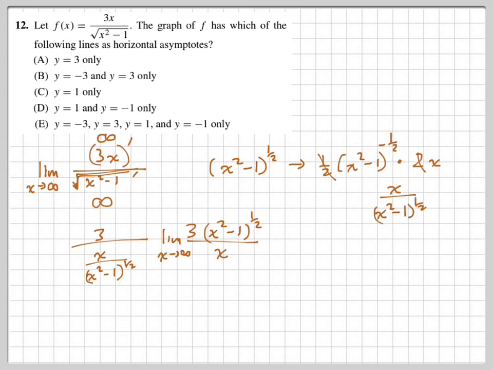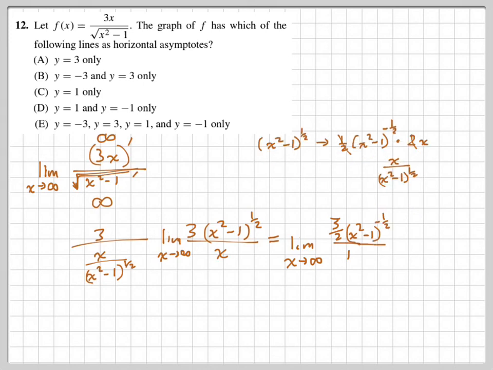So let's take the derivative of the top and the bottom one more time to see if we get a different result. On the bottom we just get 1, as we take the limit as x approaches infinity. On the top, we drop the 1/2 and get 3 over 2, times x squared minus 1 raised to the negative 1/2 power, multiplied by 2x.